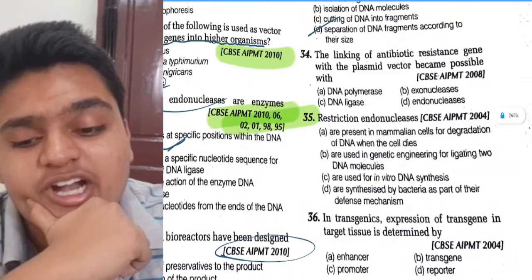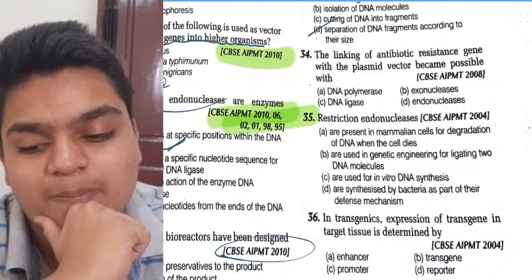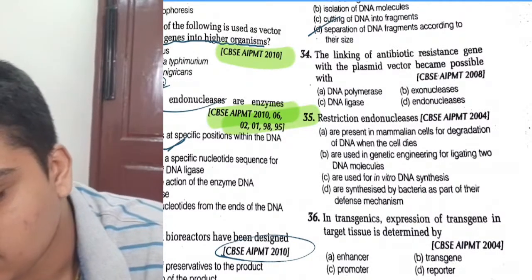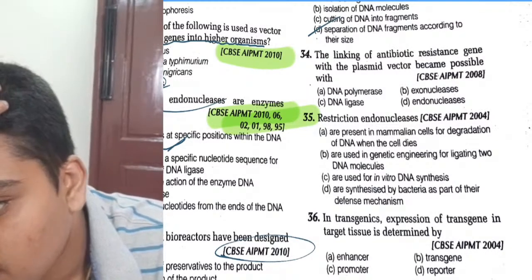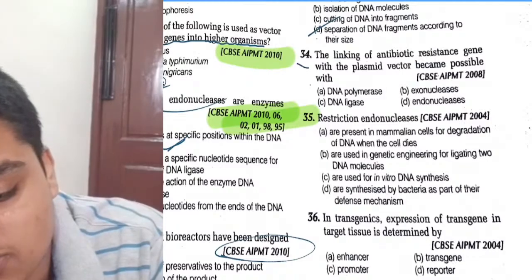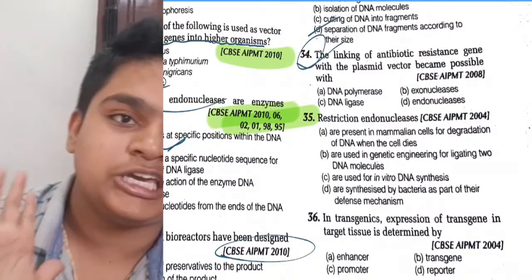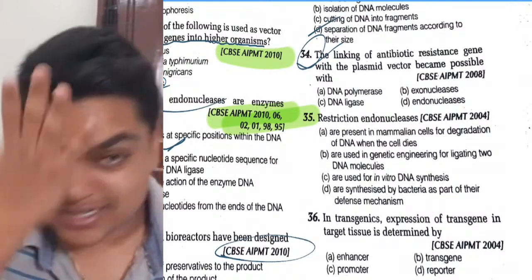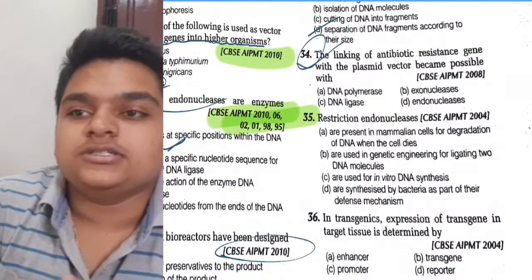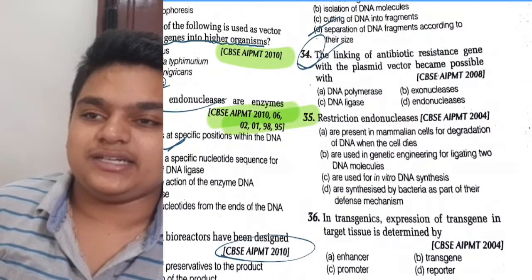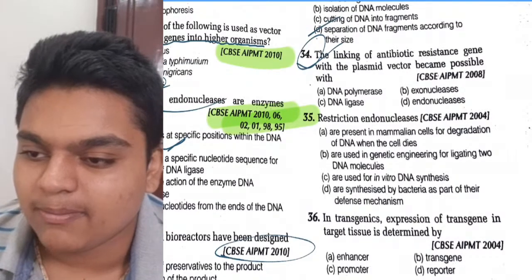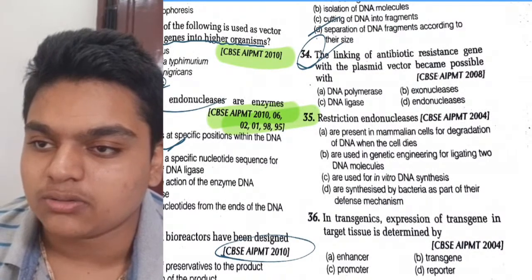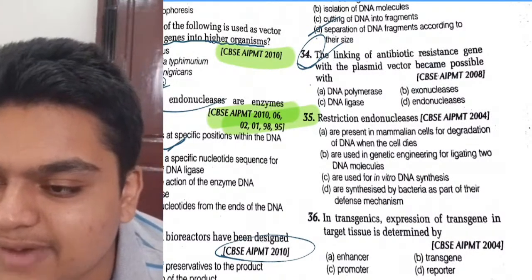The linking of antibiotic resistance gene with plasmid vector became possible with. Again, this question is a little tricky in the options. If you are my student, you will not go wrong with this question.